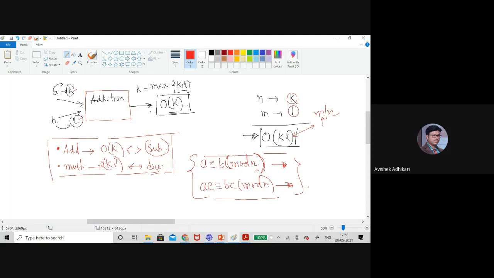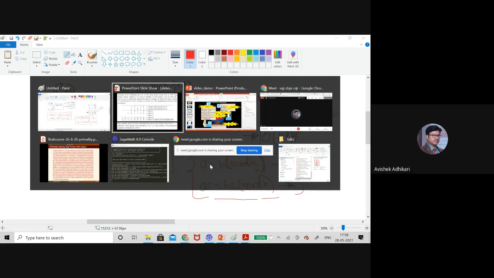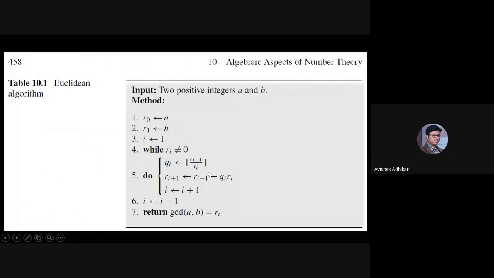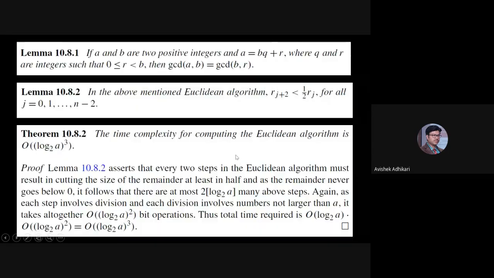But now, based on this, we'll come to the division, or we'll come to the Euclidean algorithm once again. In the Euclidean algorithm, we have a few things that we need to take care of. First thing is that if a and b are two positive integers, and if a equals bq plus r, where q and r are integers such that this holds, then GCD of a and b is the same as GCD of b and r. That's very important.